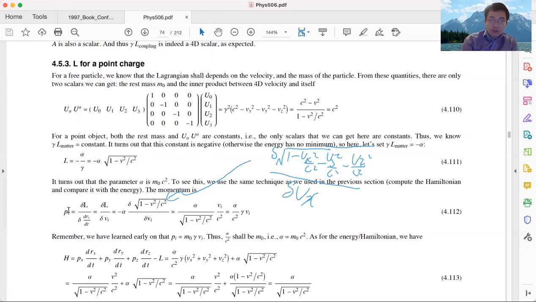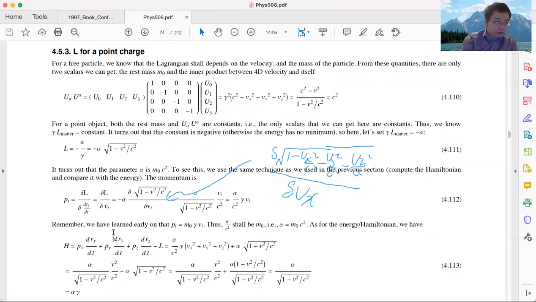So the momentum along the i-th direction, where i can be x, y, or z, is alpha, the same constant we have here, divided by the speed of light squared, times gamma, the same gamma factor, multiplied by the velocity along the same direction.